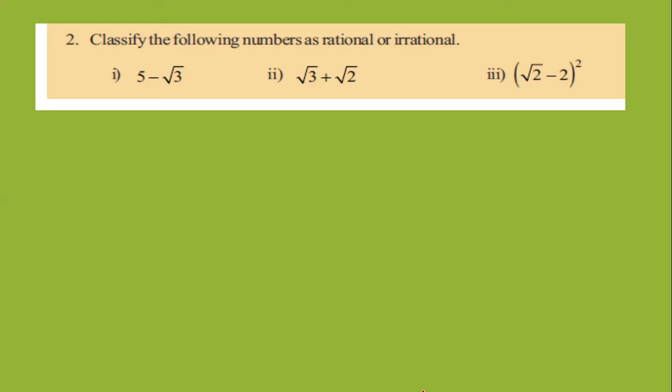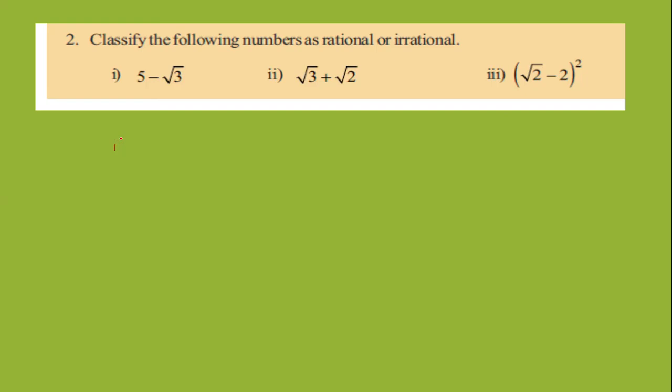Otherwise, if the number is in the square root symbol, the radical symbol, and it is a perfect square, then it is a rational number. Otherwise, it is an irrational number. You already know it from the previous sessions and exercises, so you may classify easily here.